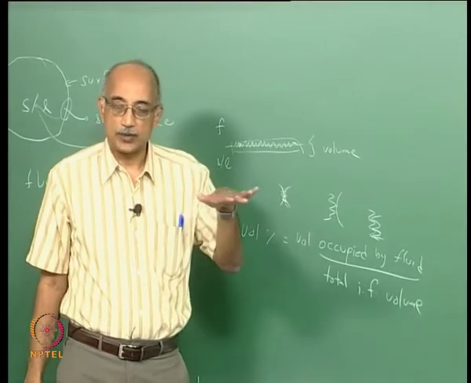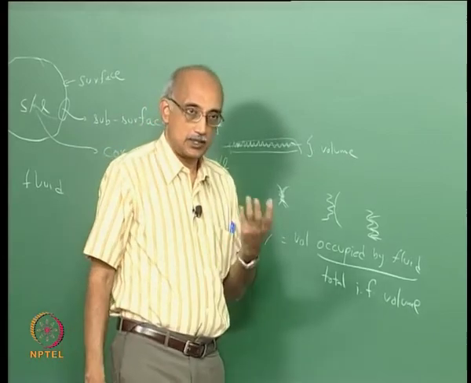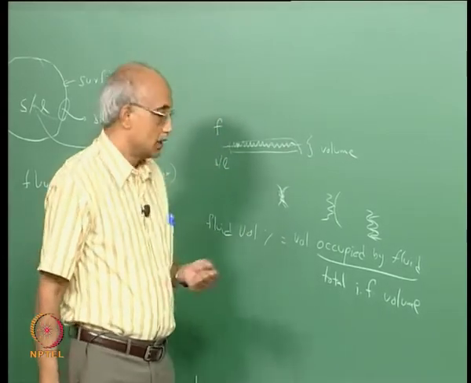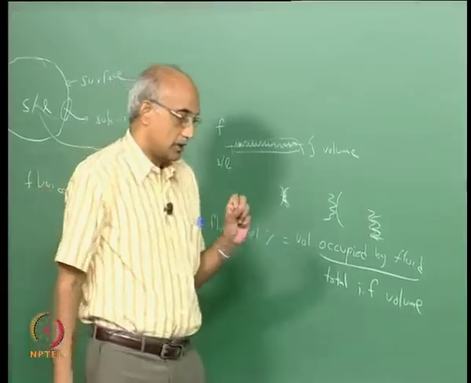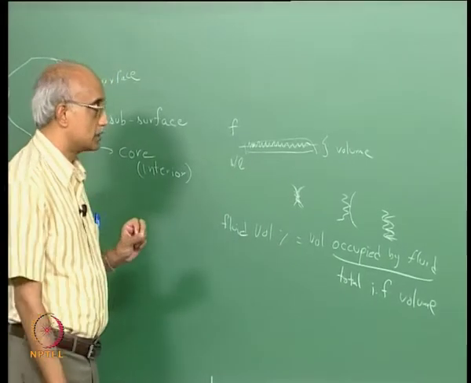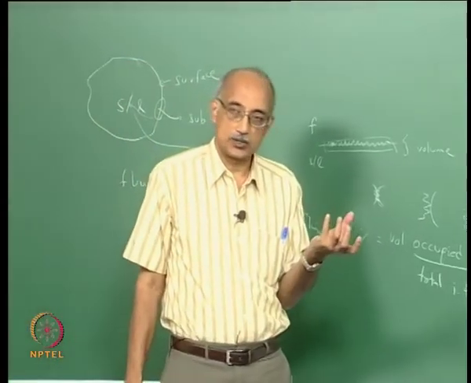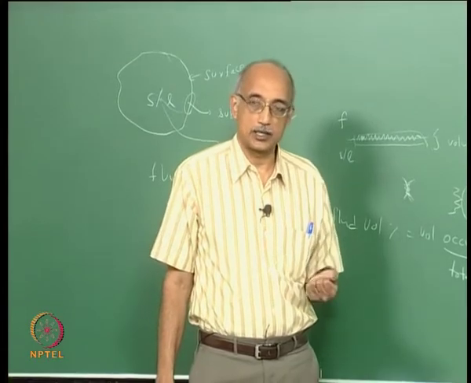In that case, the properties of the particle surface are going to be essentially the same as the particle material itself. So, the interfacial characteristics are very, very important in determining what properties the particle surface is going to have relative to the fluid that it is in contact with.